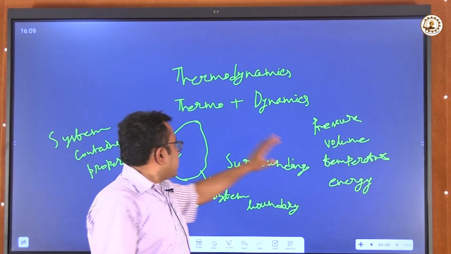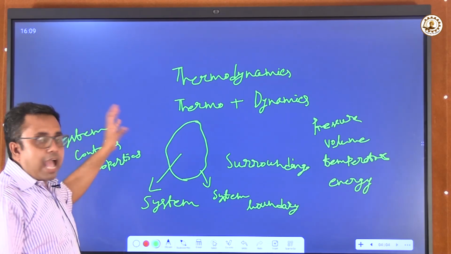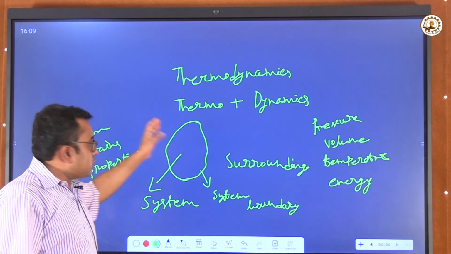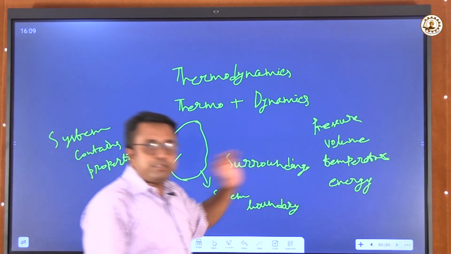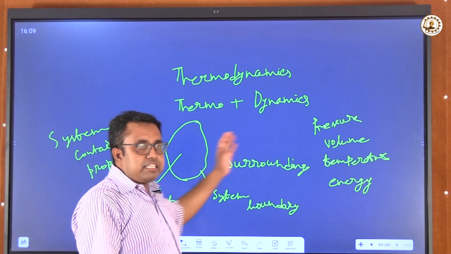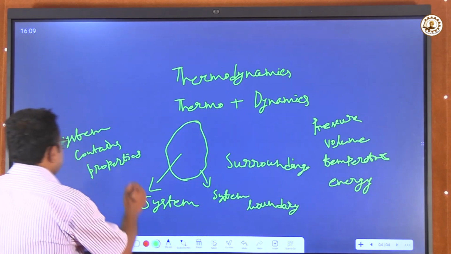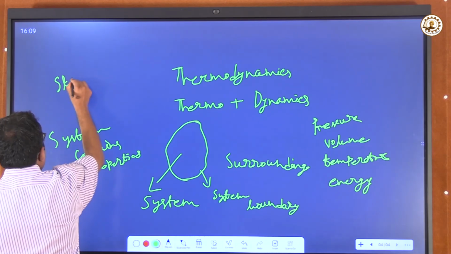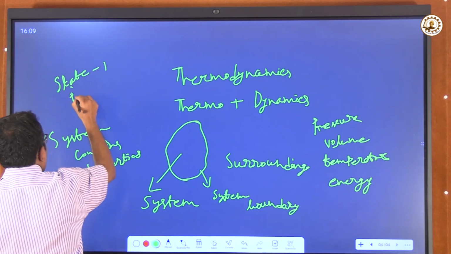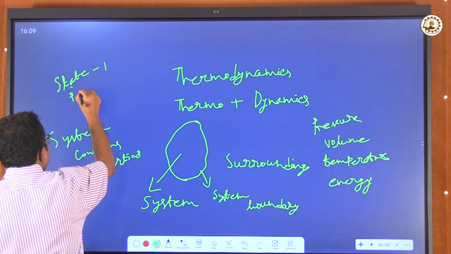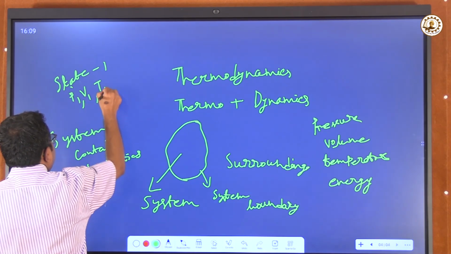Similarly, whenever some force is applied on the system, or the system does some work on the surroundings, the properties change. Whatever the system's first state is, it is known as state 1, where the properties are P1, that is pressure at 1, volume at 1, and temperature at 1.